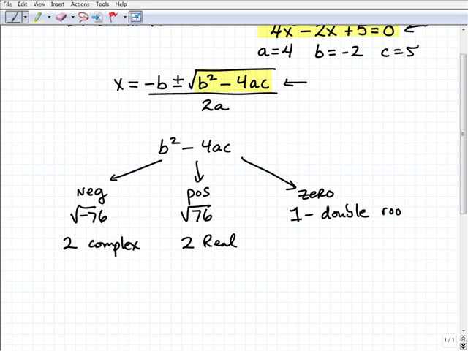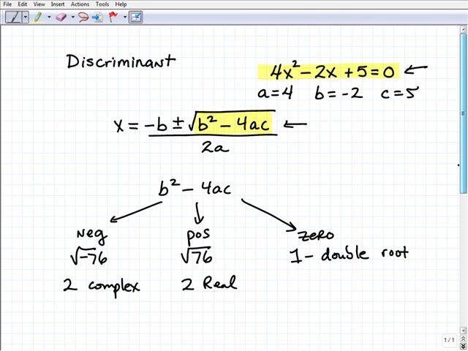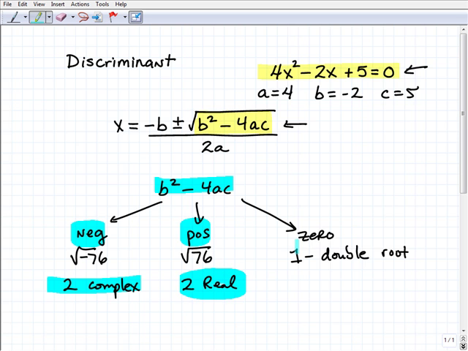So that's it. B squared minus 4ac, it's not the value, it's the sign. If it's negative, you have two complex roots for your quadratic equation. If it's positive, you have two real roots. If it's zero, you have one double root.